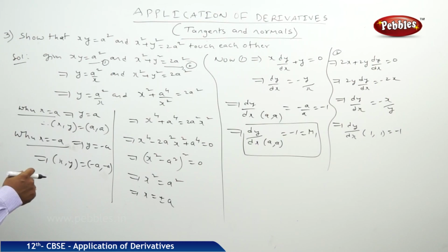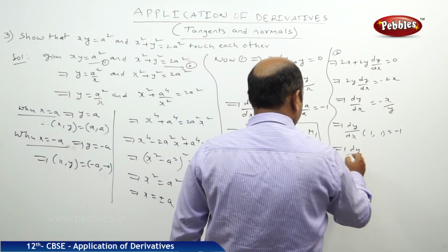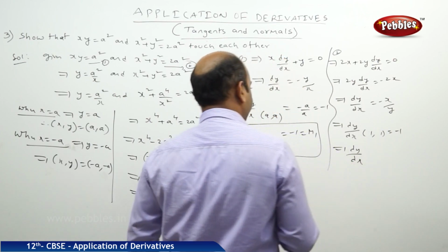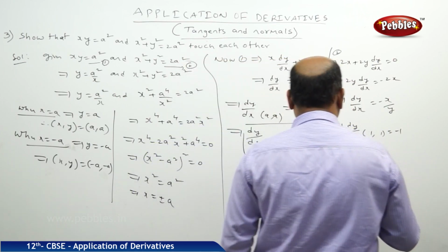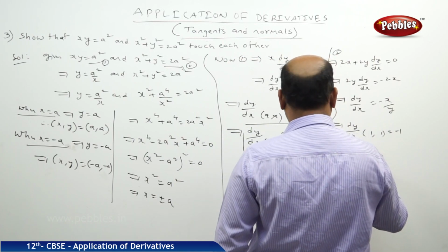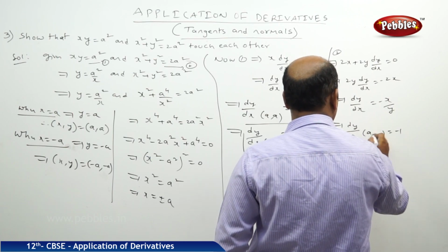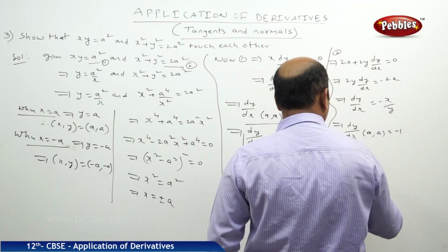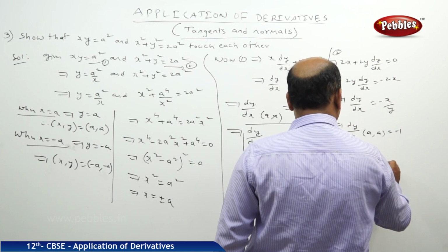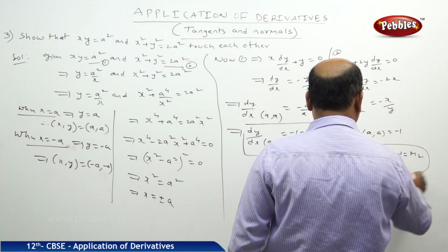That means here we are getting both slopes equal to each other. dy by dx at the point a comma a I will take, anyhow I will be getting minus 1 only, that is equal to m2.